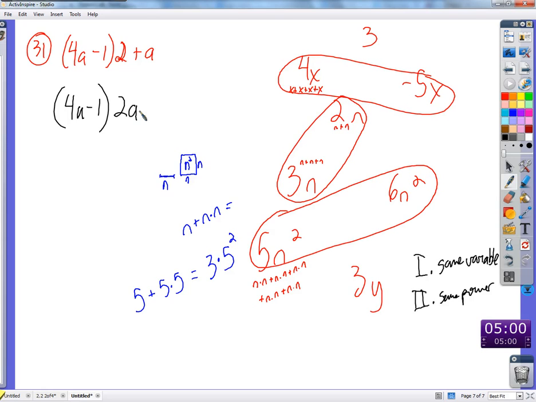How are they different? Jada? Well, the one has a different variable and you're also multiplying instead of adding. Yeah, okay, so here you're multiplying instead of adding. When I write 2 and an a right next to it, I mean 2 times a. But 2 plus a is what I started with. 2 plus a and 2 times a, not the same thing. So we can't combine those together.